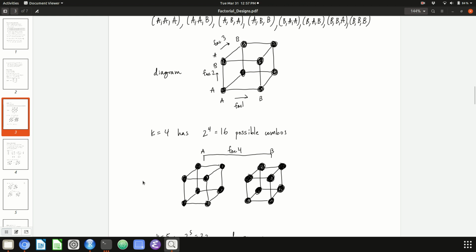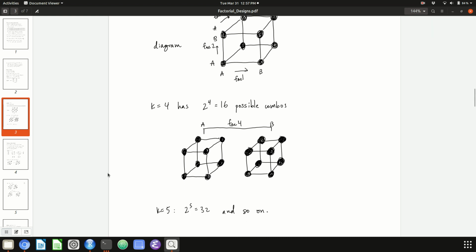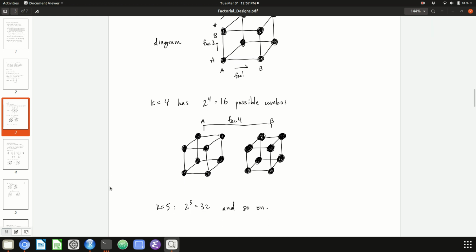So here there are 16 possible combinations. Each possible combination corresponds to one of the circles on this diagram. And then if there are 5, it's 2 to the 5 equals 32, and so on and so forth.